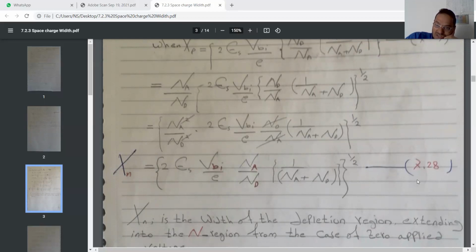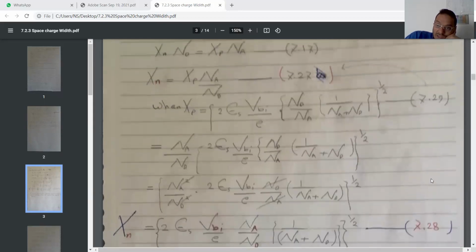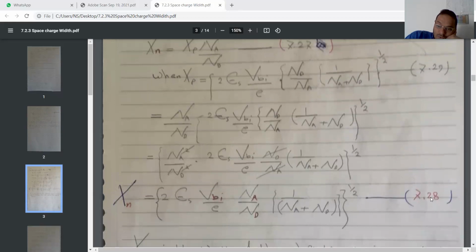This equation is like our source, 7.28. That means equations 7.28 and 7.29 are similar in all the elements except this bracket here and the bracket here. Okay.